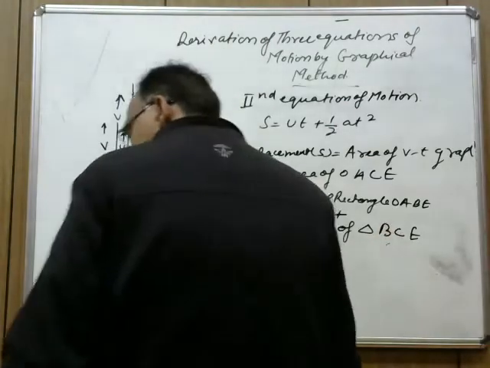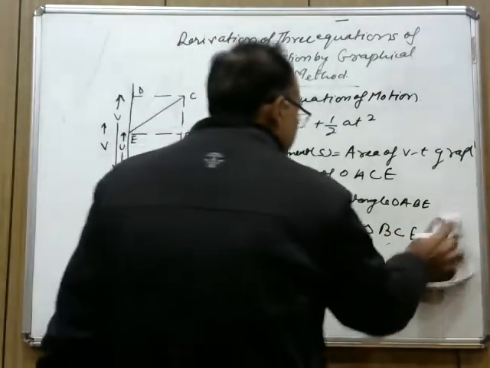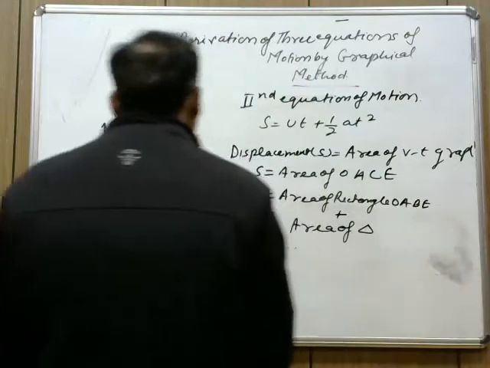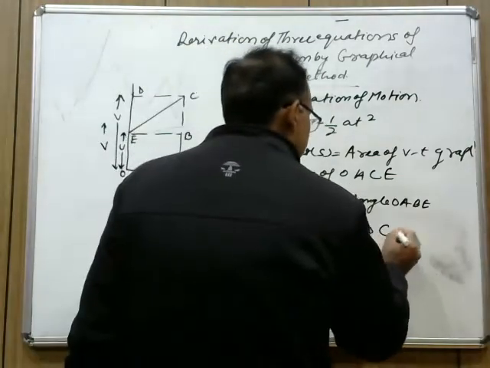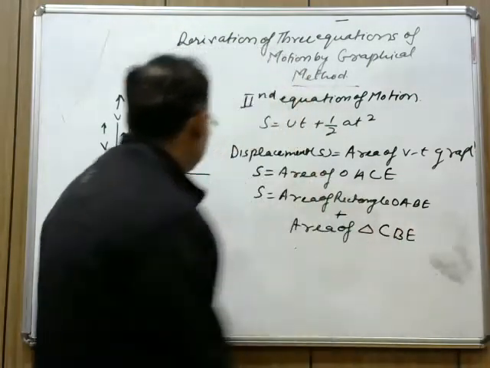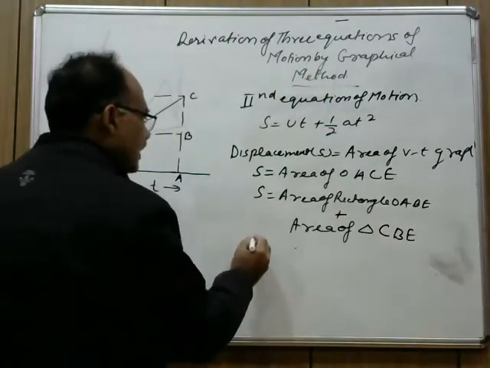Better you write CBE, because this is making an angle of 90 degrees at point B.